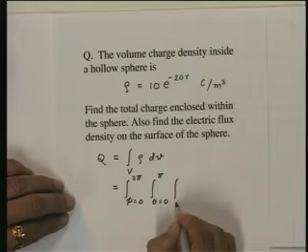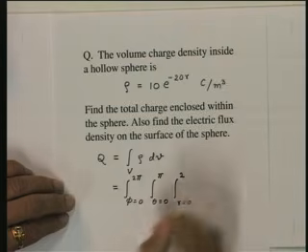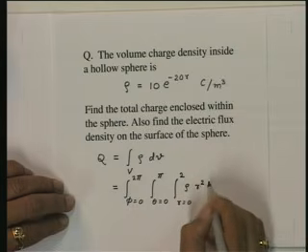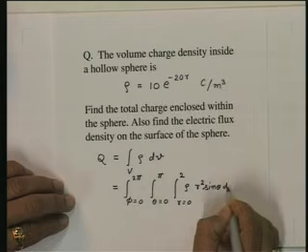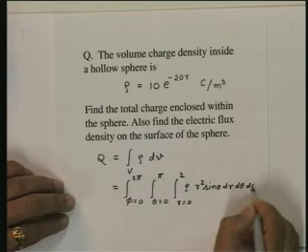So, it is going from r is equal to 0 to 2, rho r square sin theta dr d theta d phi.